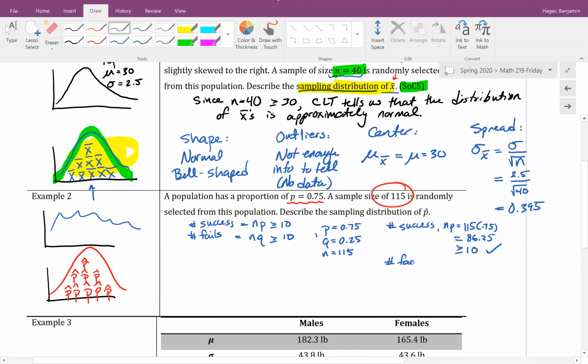The number of fails, that's N times Q, which is 115 times 0.25, that's 28.75. That's greater than 10. We're good there. So therefore, by the central limit theorem, the distribution of p hats is approximately normal.